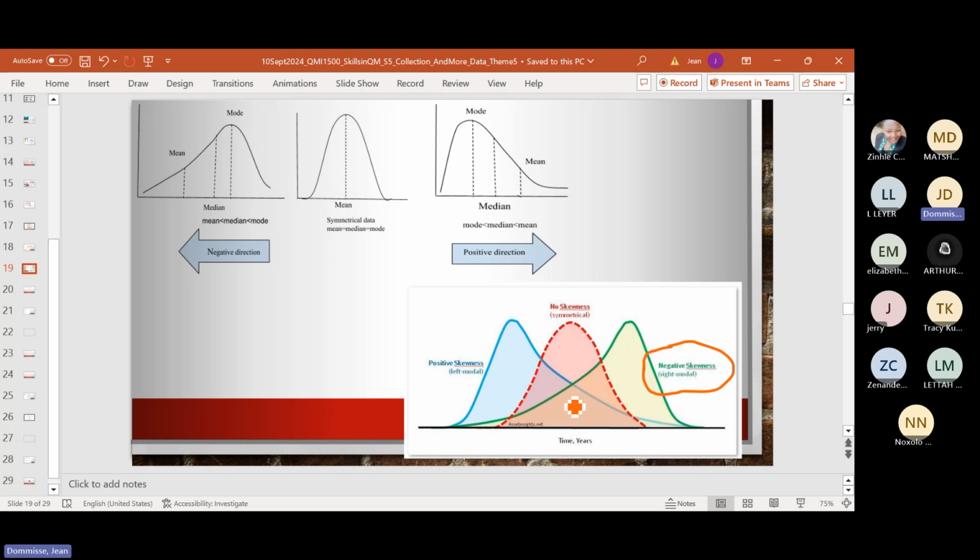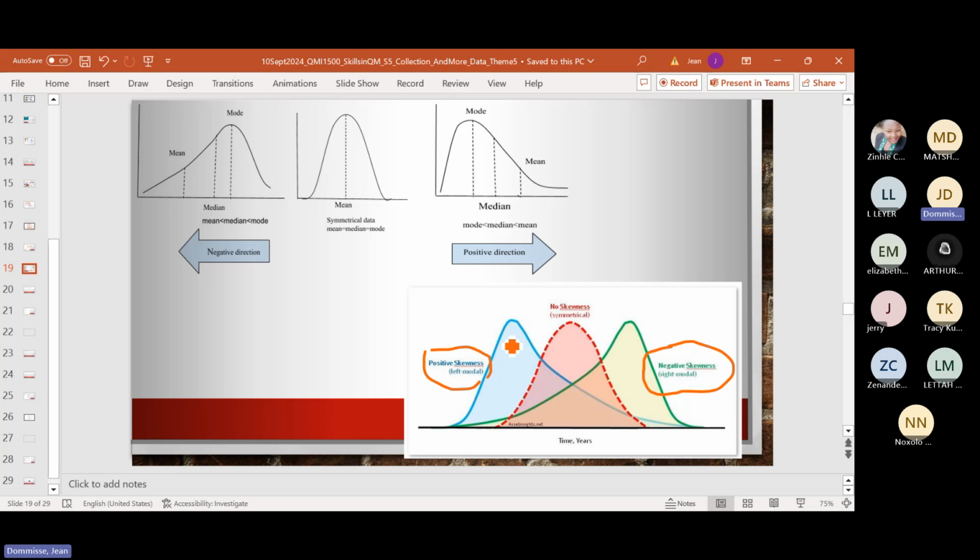The reason why right skew is that the data is situated much more to the right side of the normal curve that is in the middle. The other one is positive skewness or left skewness, and the reason why left is that your data sits more to the left.